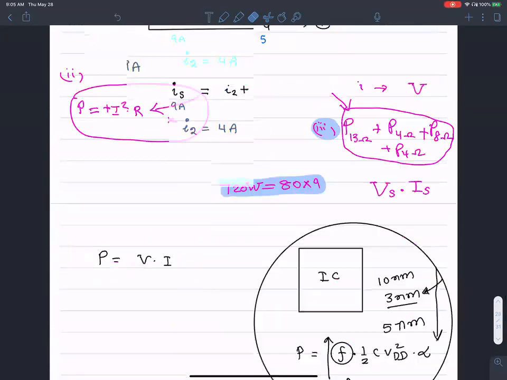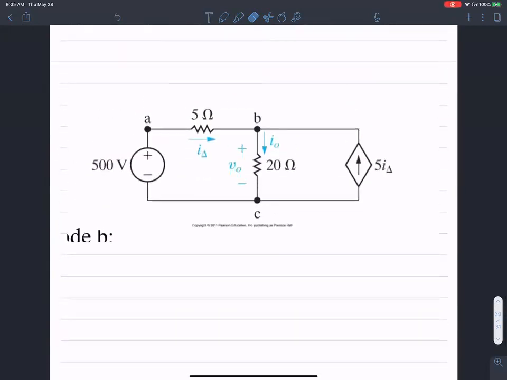So the problem is to find I delta. Find I0. Once I have I delta, I should have the value for 5 times I delta, which is this source. I'm also interested in finding all the voltages, V0, which should be straightforward.